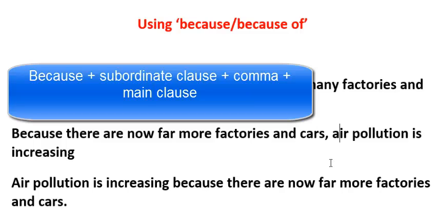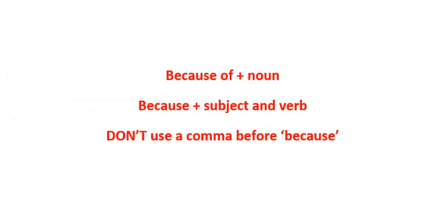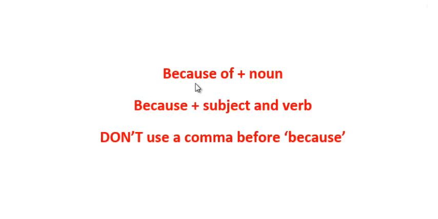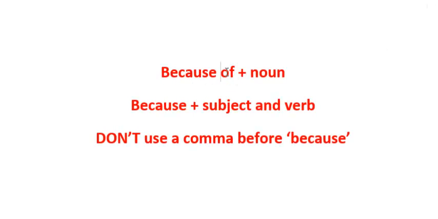So you can start with a subordinate clause first, but if you do, then you must have a comma after that subordinate clause. So just to recap, the patterns are because of plus noun. Because of is a preposition here.